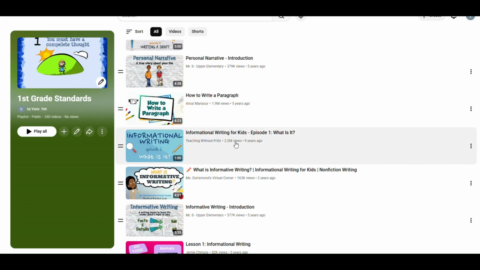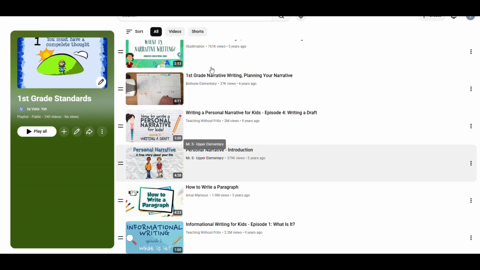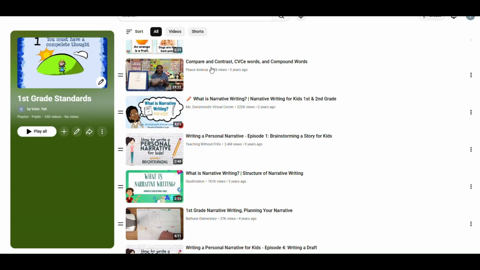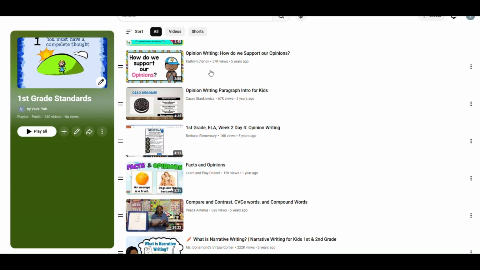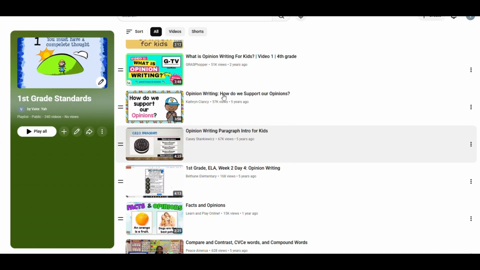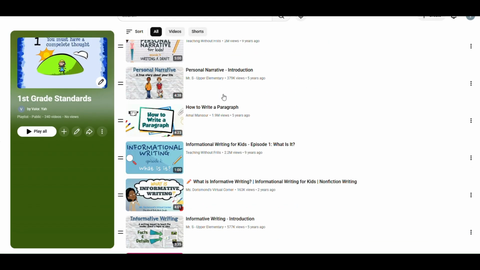All right, how to, again, this slows it down. Then it goes how to write an actual paragraph. So as they've seen what opinion writing is, they've seen what personal narrative writing is, they're going to hear the word paragraph. Not all the time, but they're going to hear the word, like right here, paragraph. Eventually, what's a paragraph?